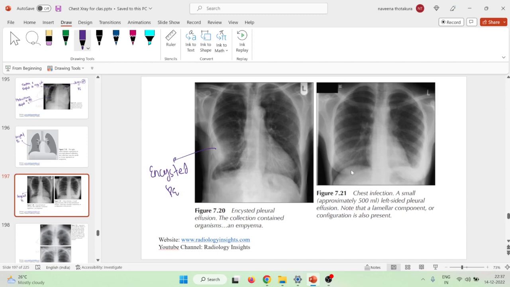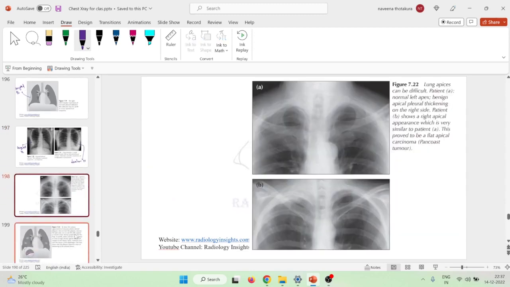Now here, you will see this laminar pleural effusion. Because it is not just blunting here, but even here also you can see this pleural effusion or thickening. This opacity which you can see here. So this is also a lamellar pleural effusion or laminar pleural effusion. It is very little on the left side.